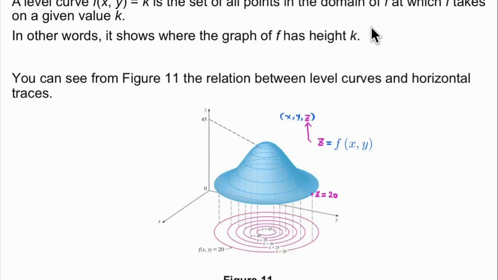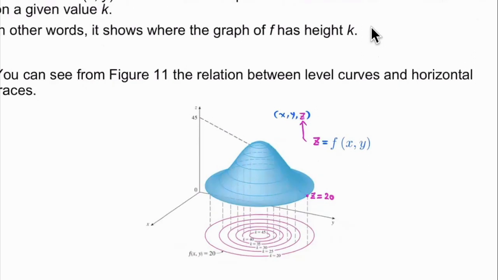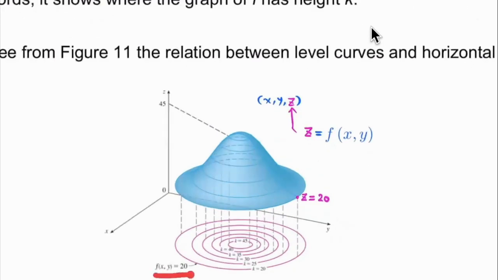If we cast that horizontal trace down to this xy plane, we'll get this level curve on this xy plane with k equal to 20. And that's called the level curve f of x comma y equal to 20.